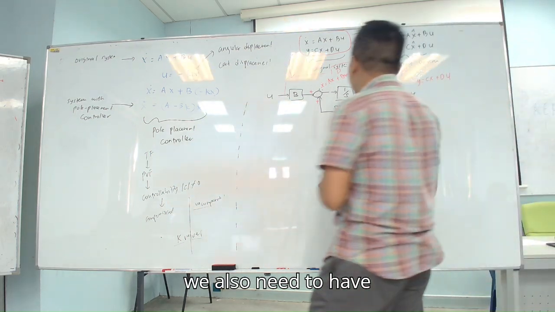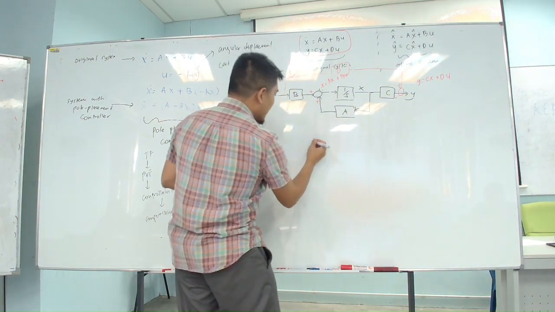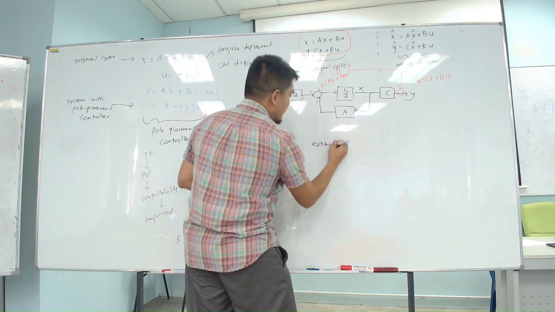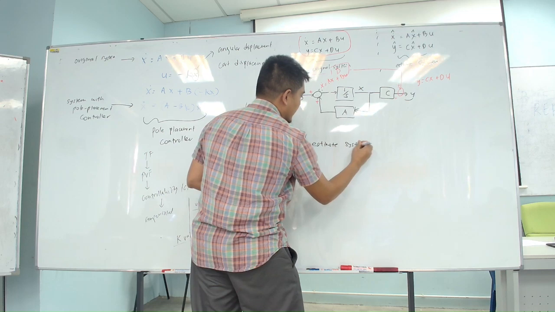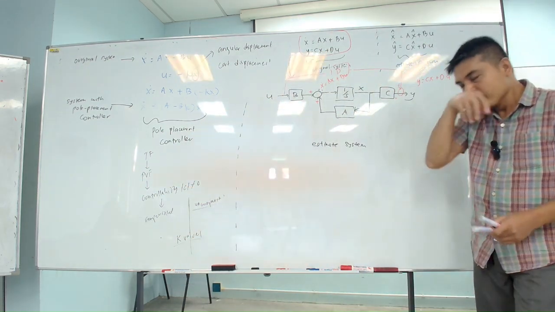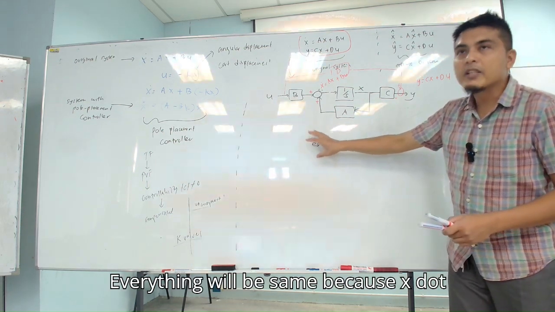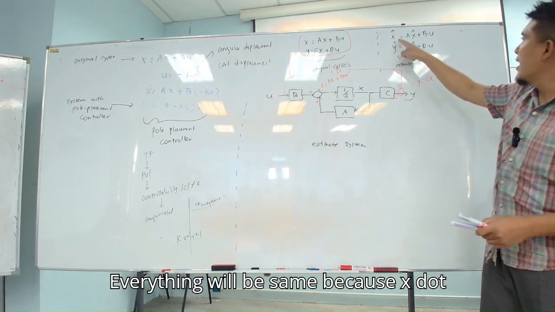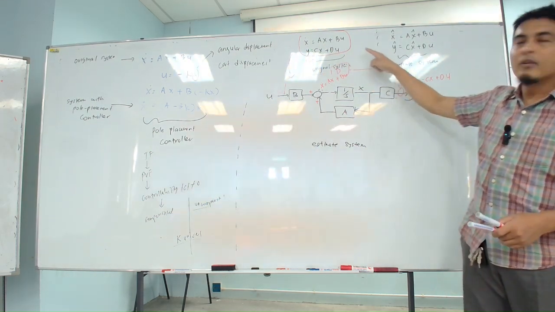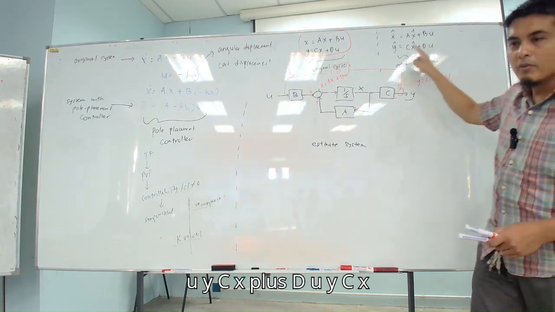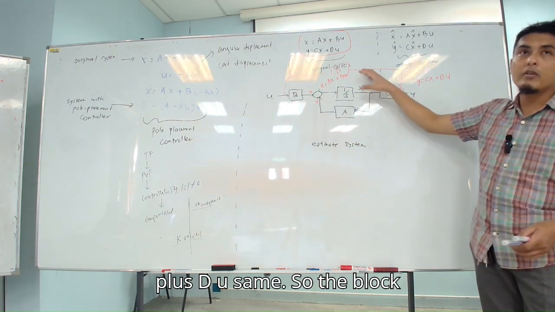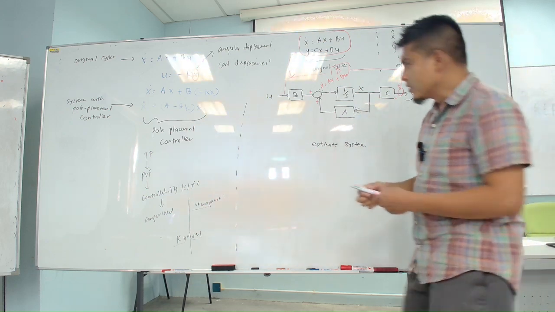Then we also need to have the estimate system. For the estimate system, everything will be the same, because x dot equals Ax plus Bu, y equals Cx plus Du, same. So the block diagram will be the same.